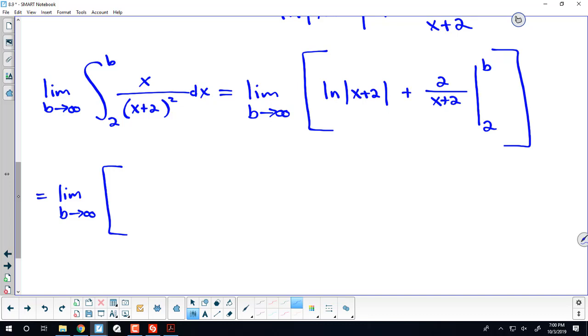So we have the natural log of b plus 2 plus 2 over b plus 2.